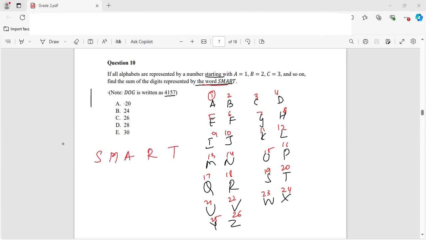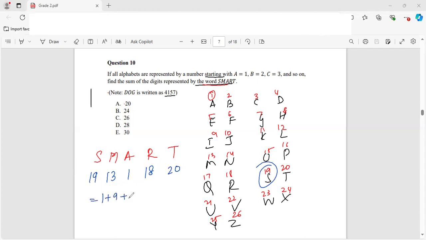So let's just change the color. So S is represented by what? Number 19. Basically, we have to add the digits. So M is 13, A is 1, R is 18, and T is 20. So we have to add all these digits.